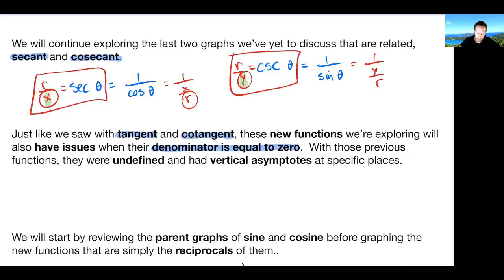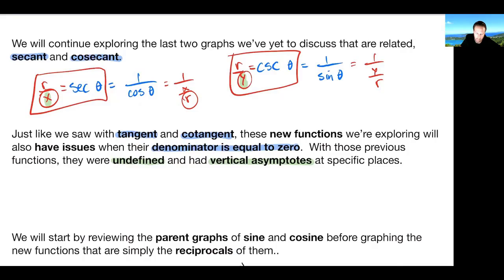Okay, and remember, when those are in play, we will say that they are undefined, and in order to show you that graphically, we will do the vertical asymptotes in those specific places. Okay, so we'll explore that. I'll talk a bit about that as well in more detail.